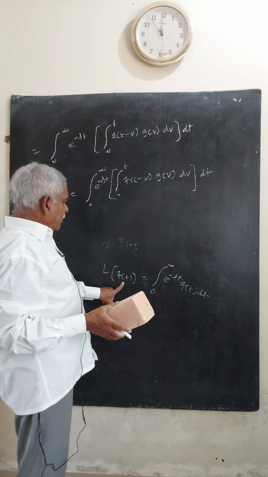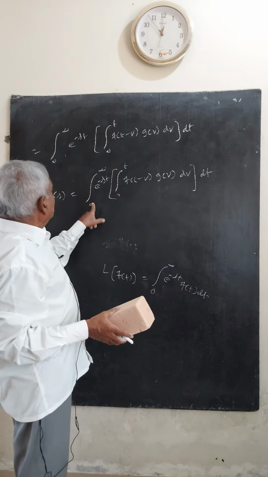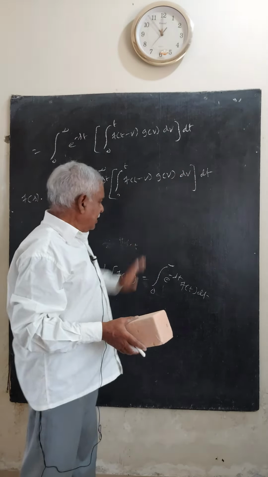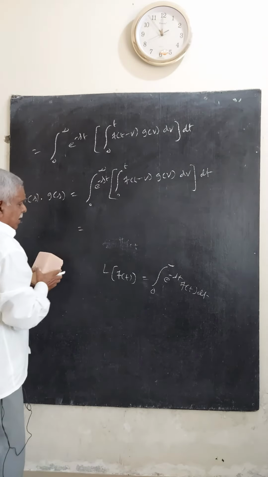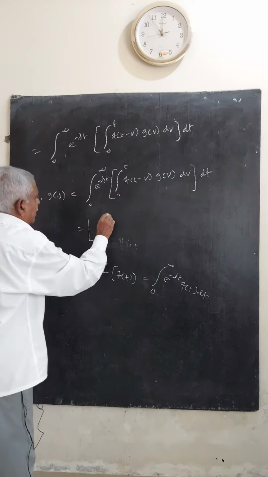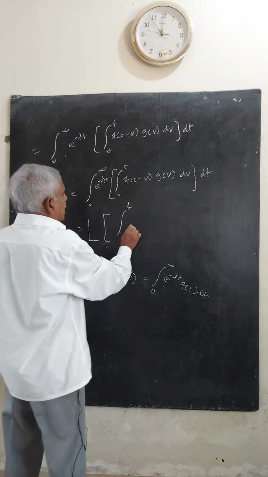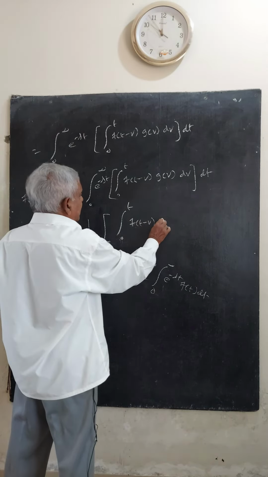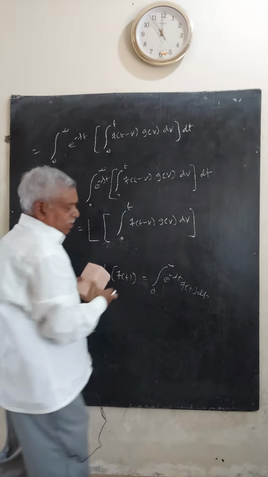In this Laplace transform, e power minus st f of t dt, 0 to infinity, this complete is taken as f of t dt. This is equal to the Laplace transform of 0 to t f of t minus v g of v dv.